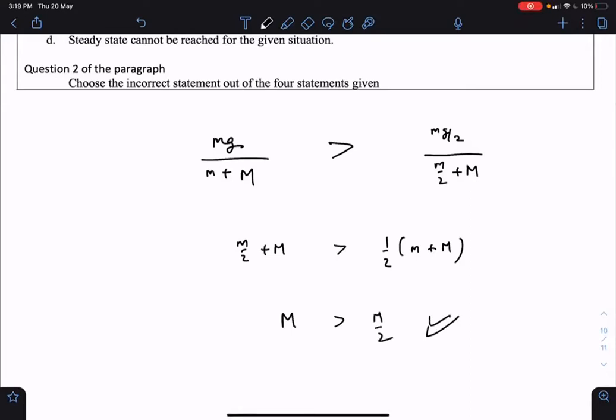This is, let's call it a2, this is a1. So initially a2 is greater than a1. a2 will reduce slightly, a1 will increase slightly, and both will become the same. The higher one is going to reduce, the higher one is a2.